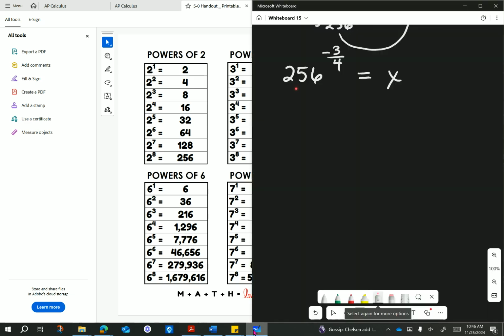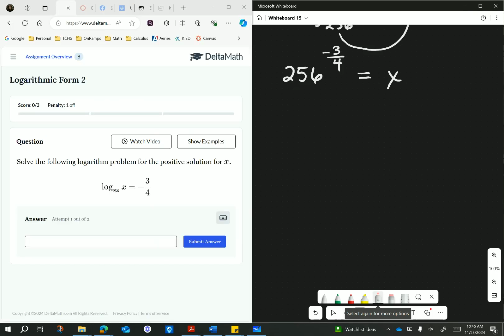So let's come back and rewrite this as 4 to the 4th power. And then I'm just going to bring down that fraction power that was already there.